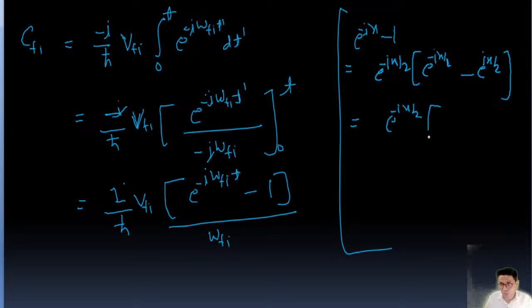Opening e to the power iota x by 2 in sine and cos, the cos part cancels, giving minus 2 iota sine x by 2.